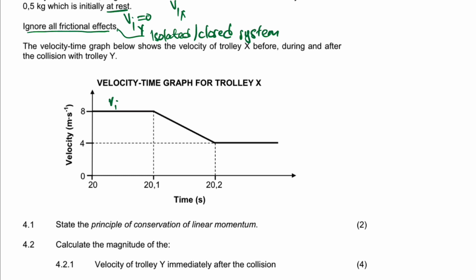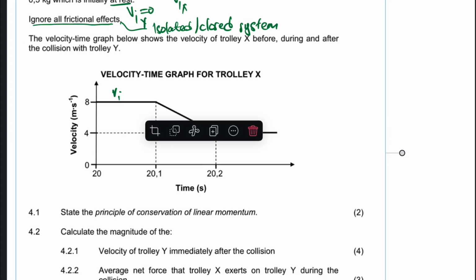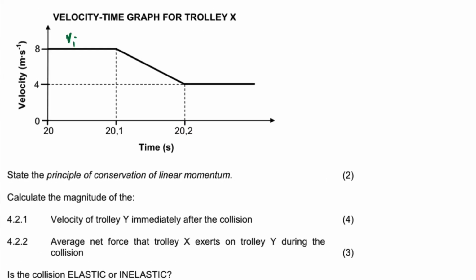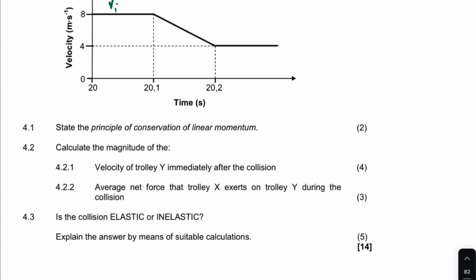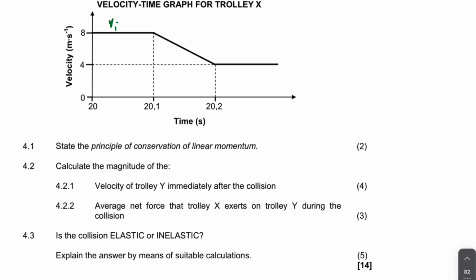And then after collision, here's the velocity. It has decreased. If you look at it, it was moving at a constant velocity of 8 meters per second. During collision, it decreased to what? To 4. And then it moves at a velocity of 4 meters per second after collision. Guys, this graph shows for trolley X the before and after.